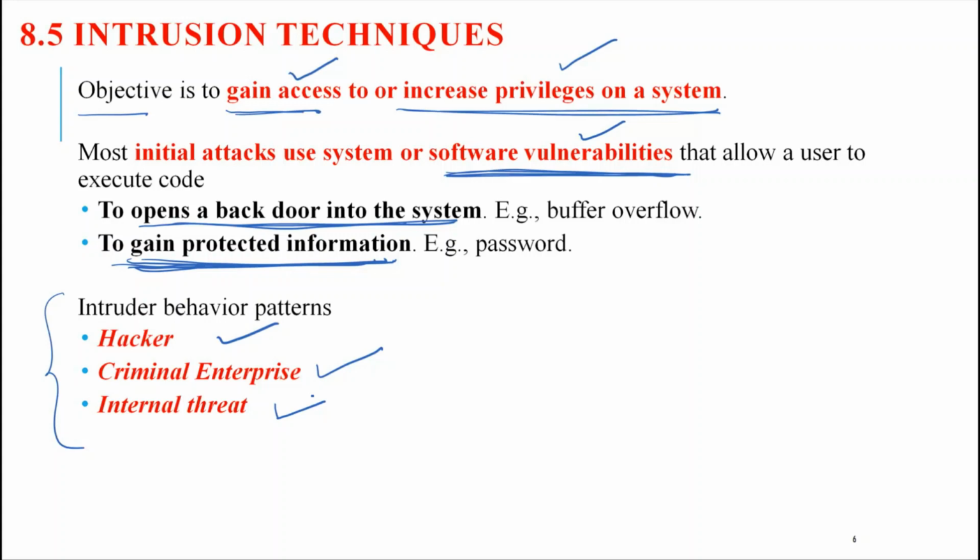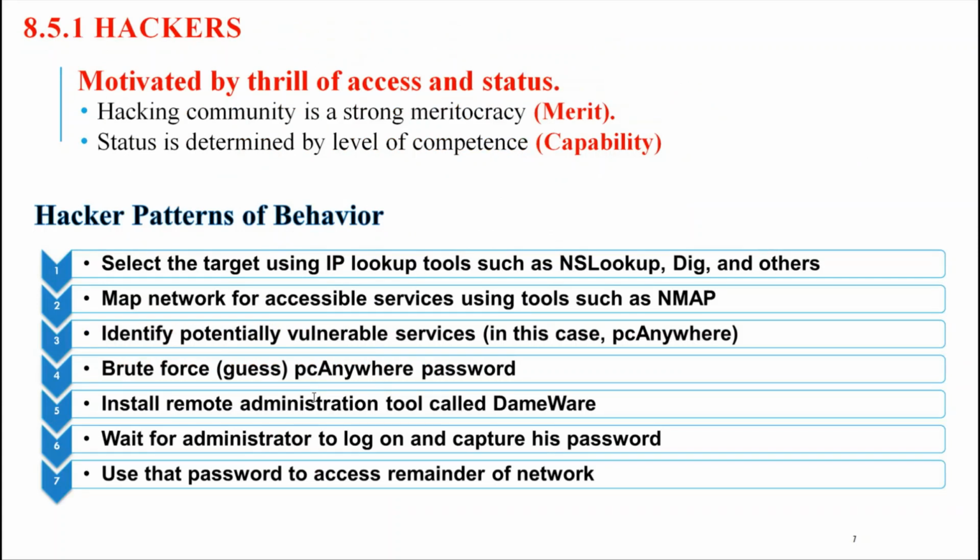Now I'm moving on to the next slide. It is the hackers, or we can say the hacking technique. Here the hackers are a group of people, or a community. What is the reason, what is the objective for them? They are motivated by the thrill of access and the status. They have to prove themselves, that they have enough knowledge and enough skills.